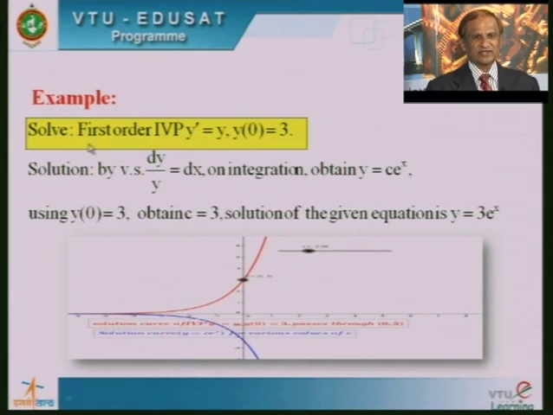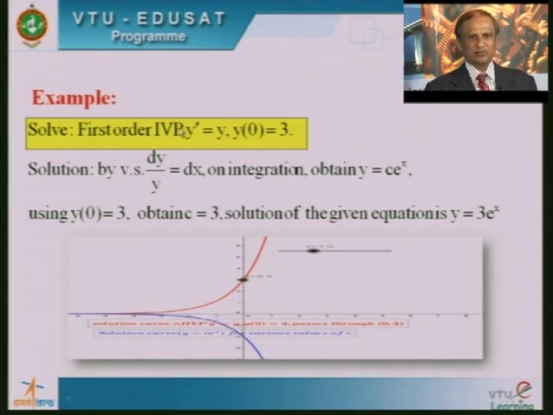Now, here we can consider one simple initial value problem, namely y prime is equal to y, with y of 0 is equal to 3. So, they have given a first order differential equation, because the highest derivative is dy by dx. I have mentioned that a differential equation can be denoted using different symbols.